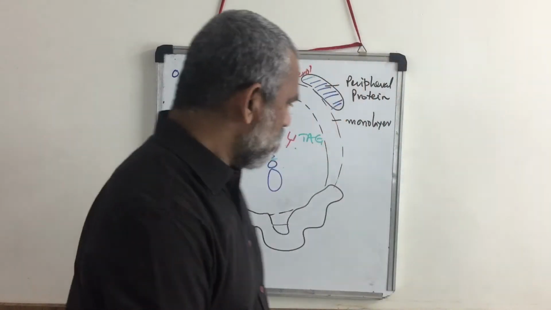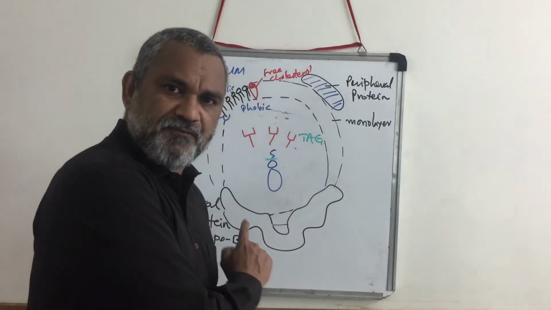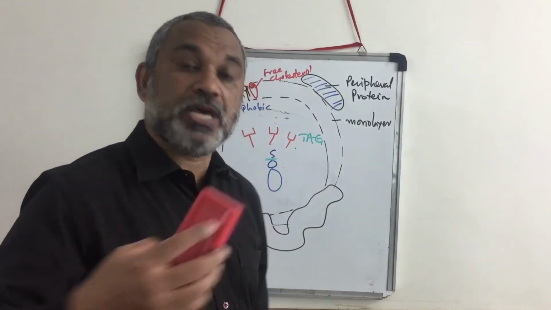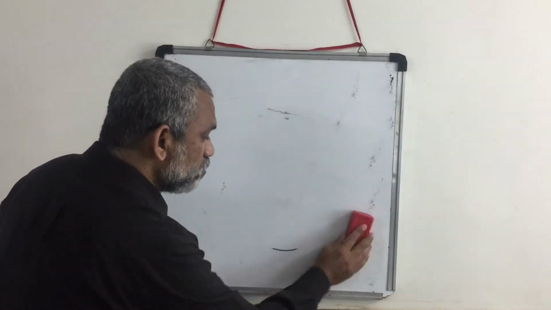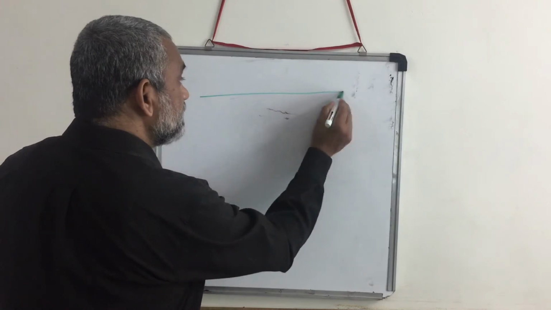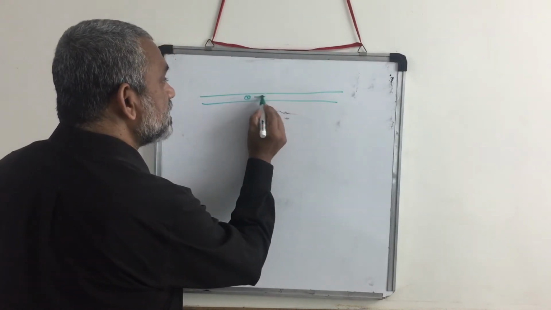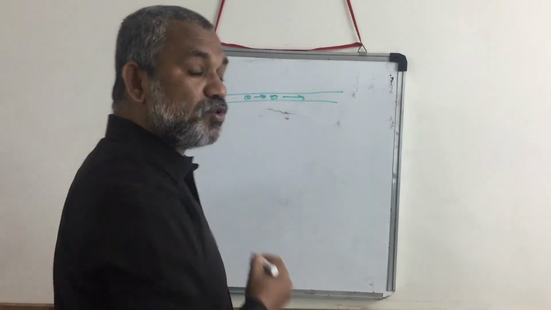Let us see what happens when it is released into the lymph and reaches those tissues where it has to be stored. Those tissues are wherever there is adipose tissue. It will go to the liver, to subcutaneous fat, and also visceral fat. It will go everywhere through the capillaries. So assume this is a capillary, and the chylomicron is traveling through it.